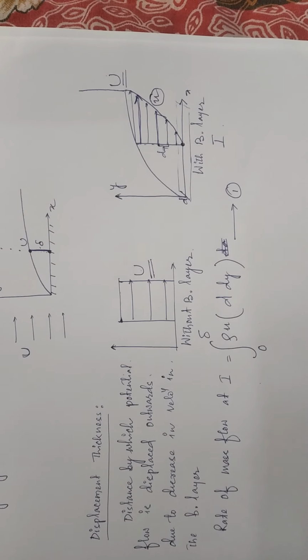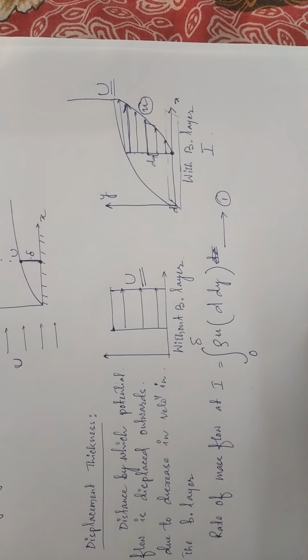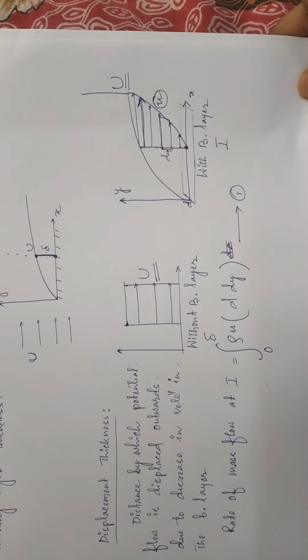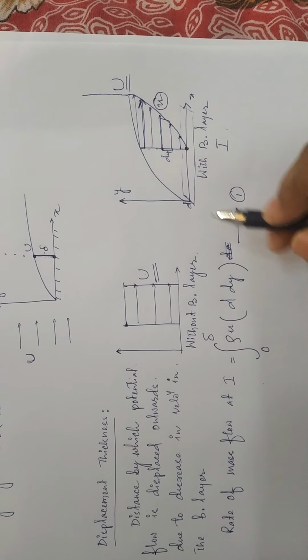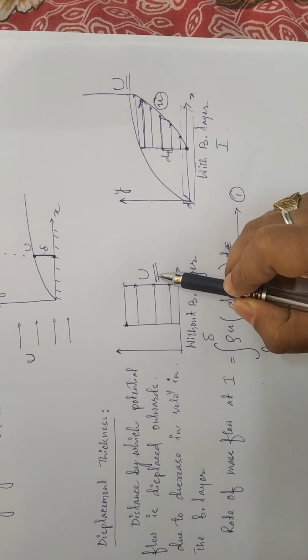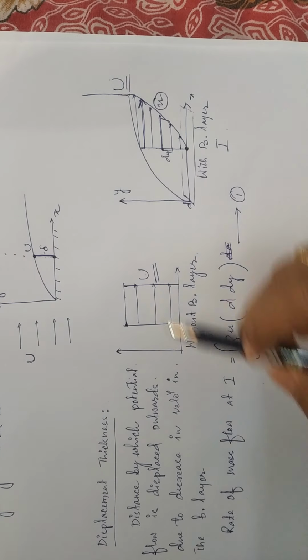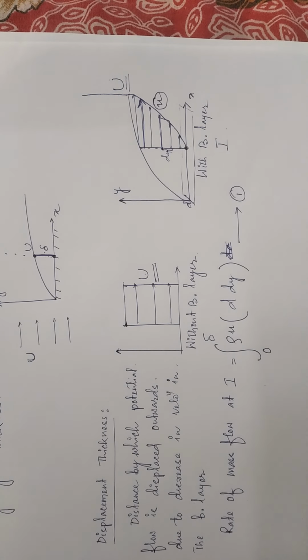Now we draw another figure like this. Now we see that in the first case the mass flow rate will be higher than the second case, because in the second case, due to the internal friction, the velocity is reducing, so the rate of mass flow is also reducing.